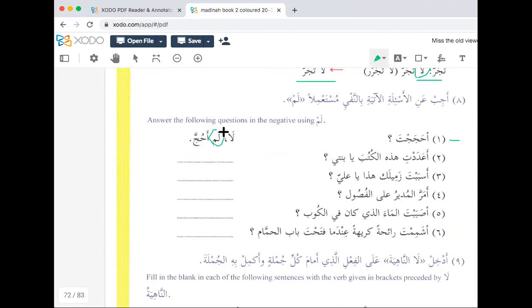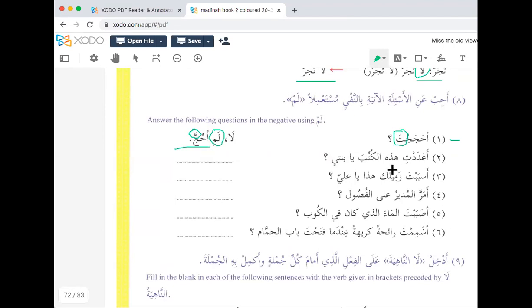Lam is negating his Hajj. He says, Lam, because the questioner said, Ta, that's for Anta. So now he's speaking about himself, Ana. Lam ahujja.